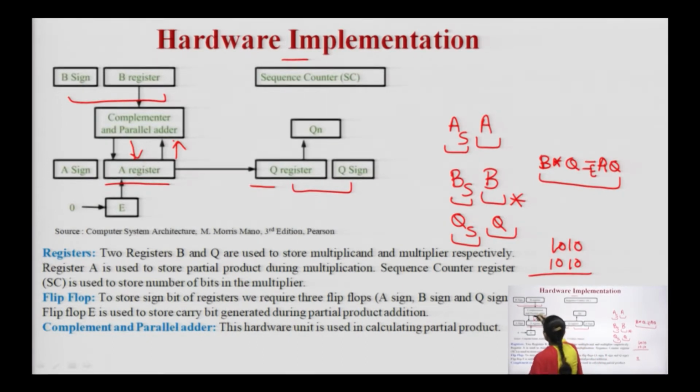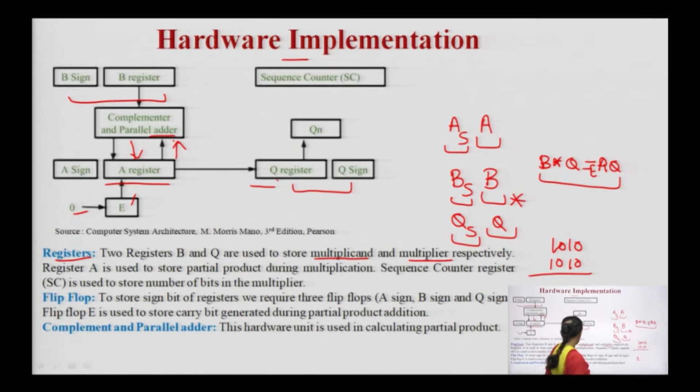So, we will be performing the successive additions in the parallel adder, and the result will be in EAQ. If the carry is 0, this will be 0, and if it is 1, then we will store it as a 1.